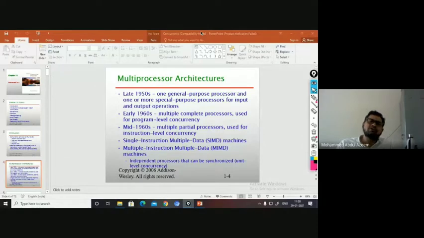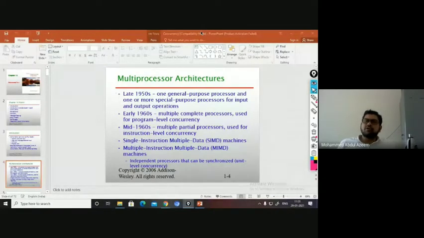This has evolved since the 1950s itself, right? In the early 1960s, multiple complete processors used for program level concurrency came into being. So multiple programs being executed concurrently was made possible through the 1960s, by allowing multiple complete processors to execute in parallel.